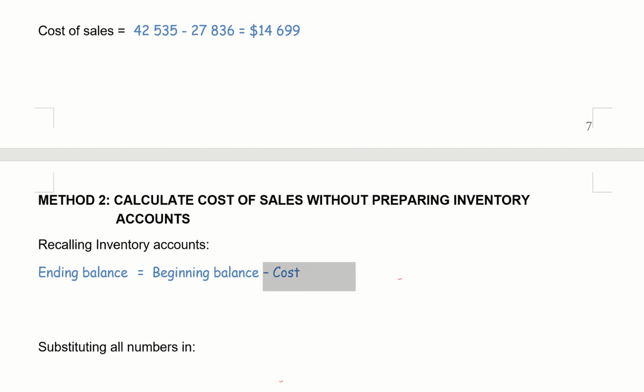You minus away cost of sales. Why minus away cost of sales? Because when you have a cost of sales, it will reduce your inventory amount. So you minus away cost of sales, and this cost of sales is your unknown.